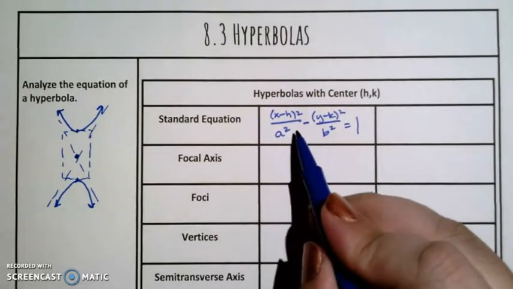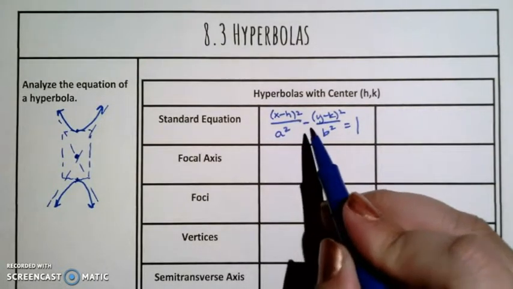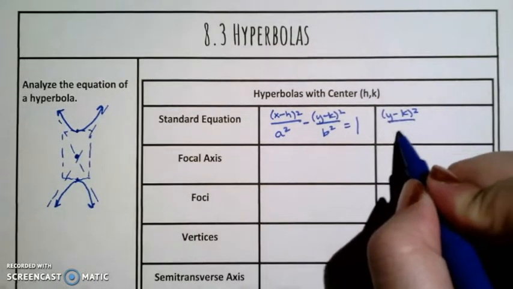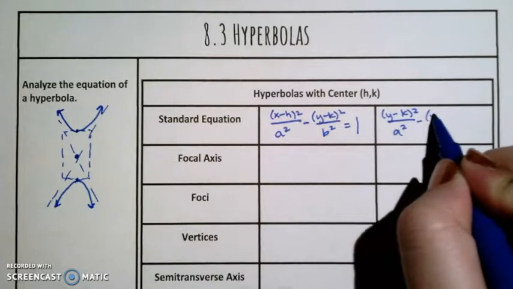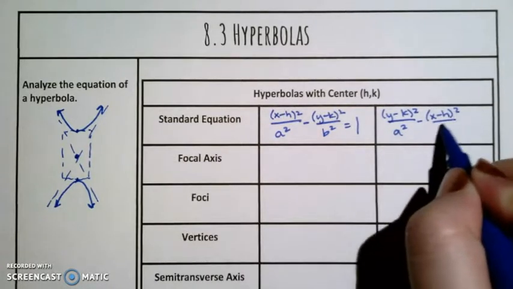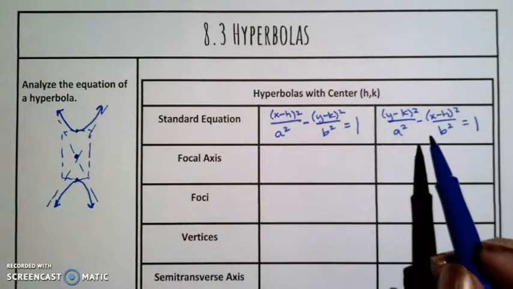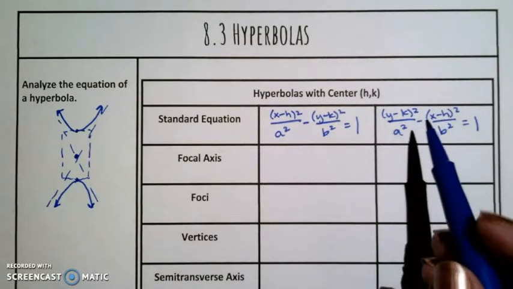The difference between a hyperbola and an ellipse is that subtraction sign. Or (y minus k) squared divided by a squared minus (x minus h) squared divided by b squared equals 1. And again, very similar to an ellipse except for that minus sign.